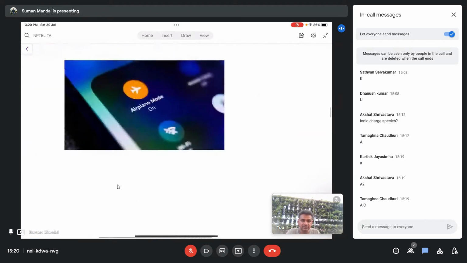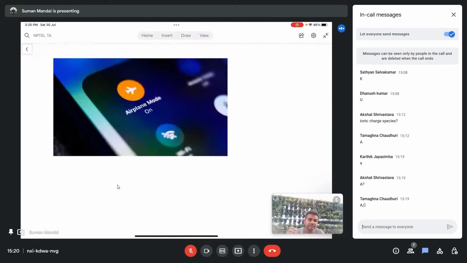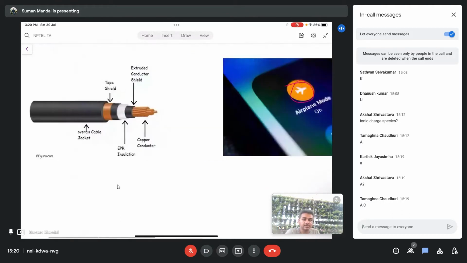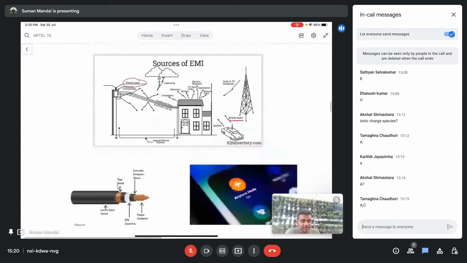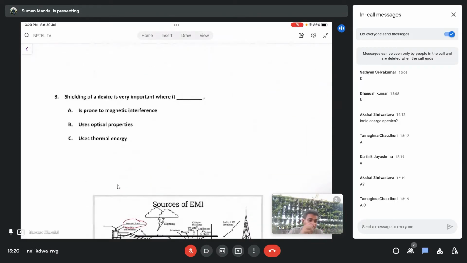And if you have seen a mobile, there's a term called airplane mode. And if you're traveling in a flight, one of the first things that they will say is to put your phone in airplane mode. Why is it called airplane mode? It is all related with electromagnetic interferences and shielding. When you're flying, your phone's electromagnetic signals can interfere with the controls of the aircraft.